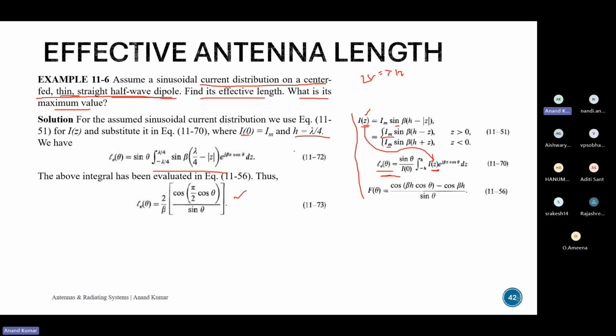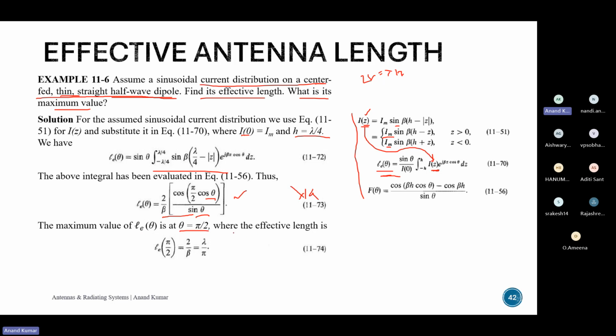Remember that although its physical length is lambda by 4 on each side, its effective length turns out to be 2 upon beta, cos(pi by 2 cos theta) upon sine theta. Since the maximum value is found at theta equal to pi by 2, the cosine term will be 1, and this will be 2 upon beta, which turns out to be lambda upon pi.